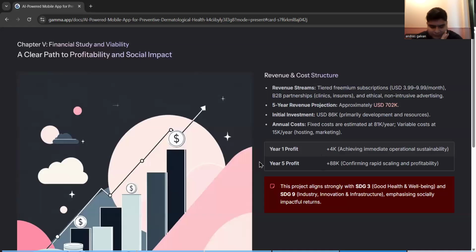To conclude this financial analysis, it confirms that our venture is profitable, responsible, and scalable. It also balances innovation, and it tries to prove that technology-driven entrepreneurship can create both financial and social impact.